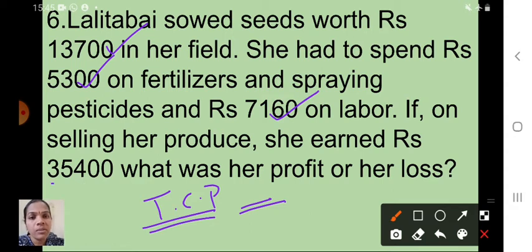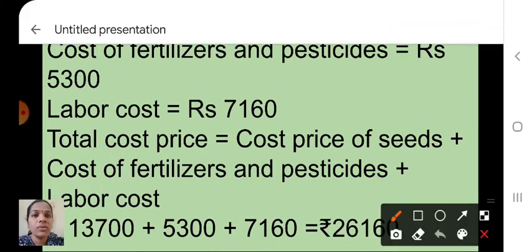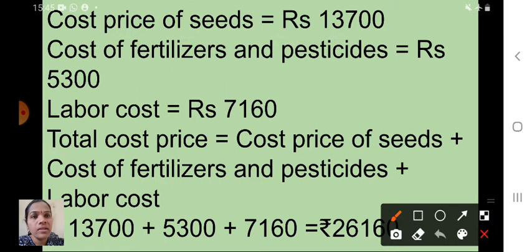Okay, so selling price of what? Yes, she sold her produce, see here, children, for rupees 35,400. Okay, so see here, next slide. Yes, total cost price we have to find. So these 3 steps we have to write in a notebook.